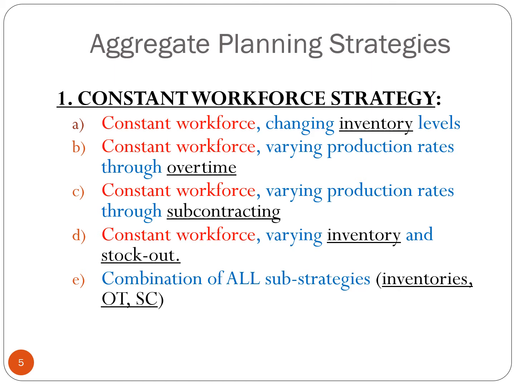The third sub-strategy is called constant workforce, varying production rates through subcontract. So subcontracting here means in order to produce the output, the company gives a contract to another company to produce on behalf of this company.